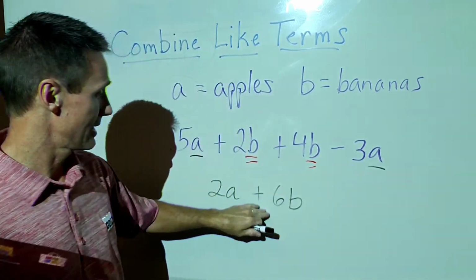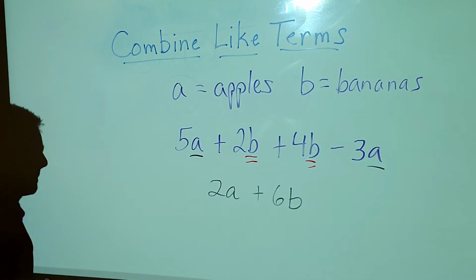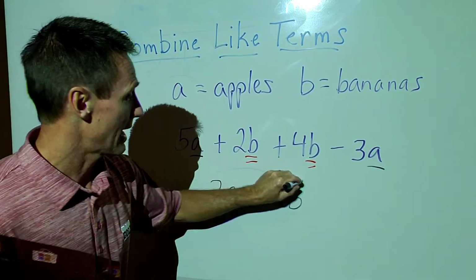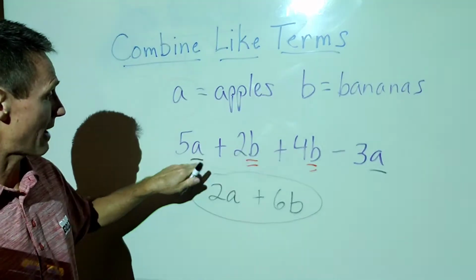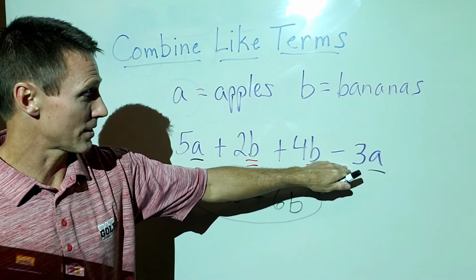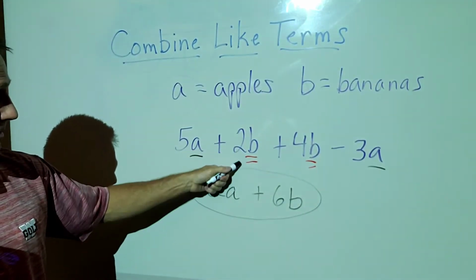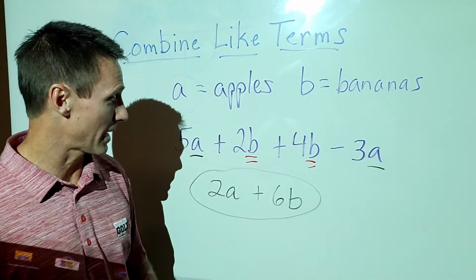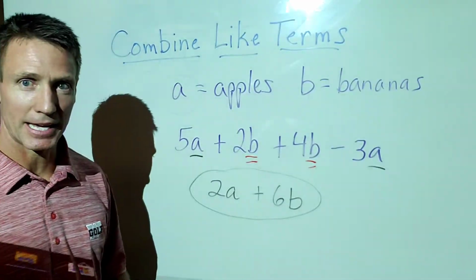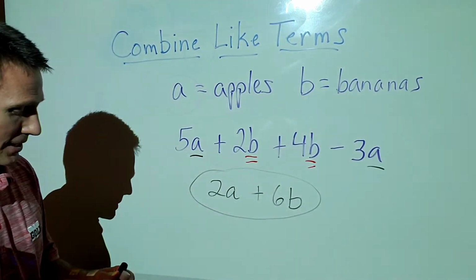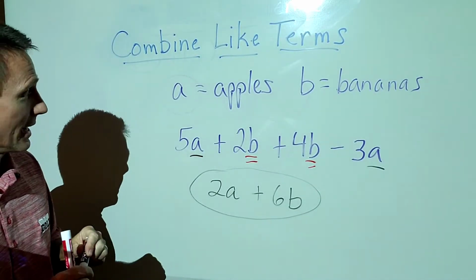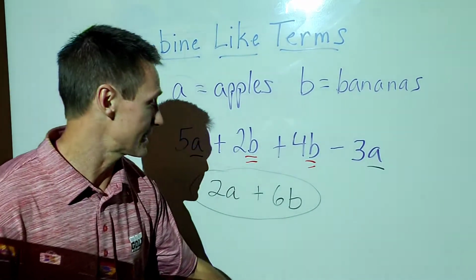Hopefully that is easily seen on the video right here. So after I combine my like terms, my 5 apples, and I take away the 3 apples, giving me 2 apples remaining, and then bananas, 2 bananas plus 4 bananas would be 6 bananas. So combining like terms, very simple, and hopefully that example gives us a decent idea.